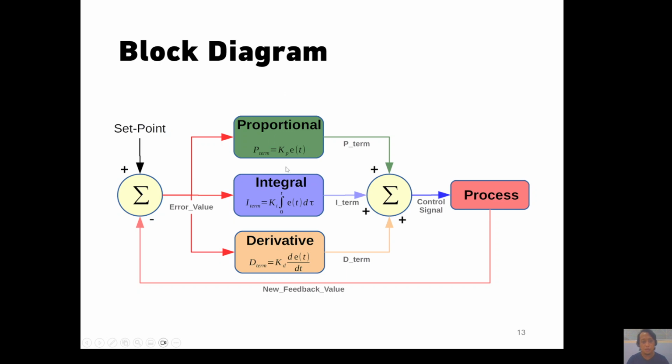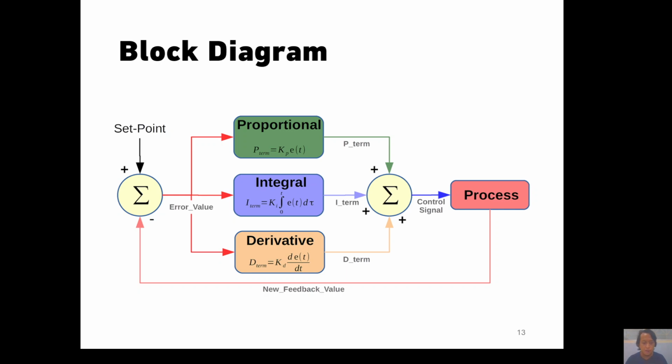The proportional term equals Kp times E of t, where Kp is the proportional gain. For the integral term, Ki times the integral from 0 to t of E of t with respect to t.